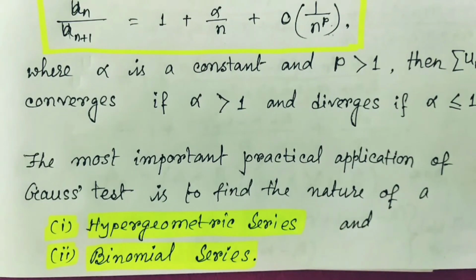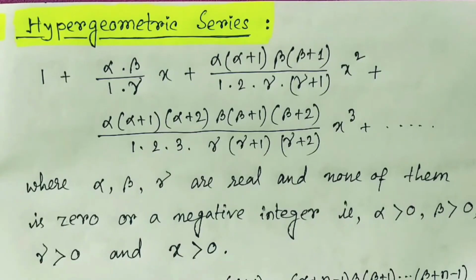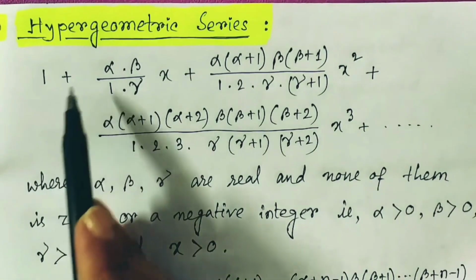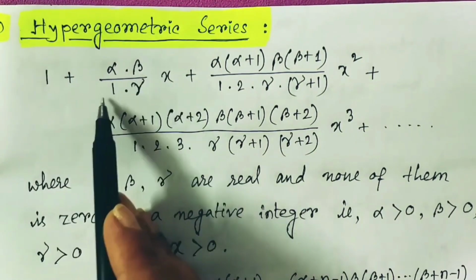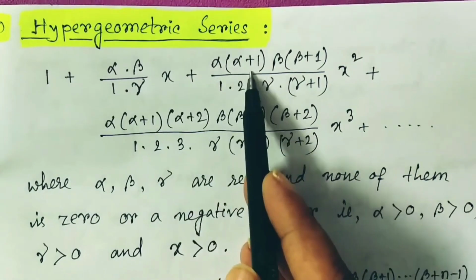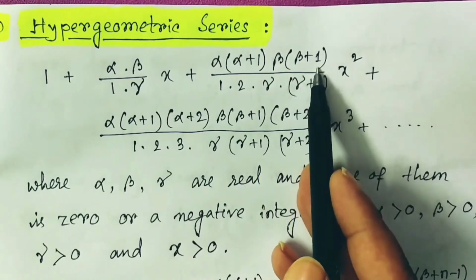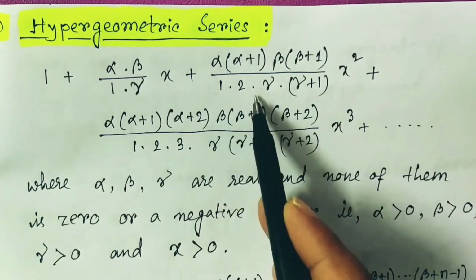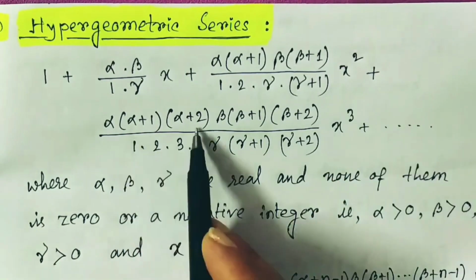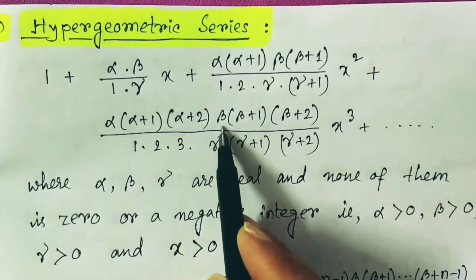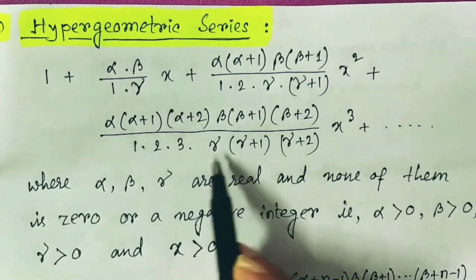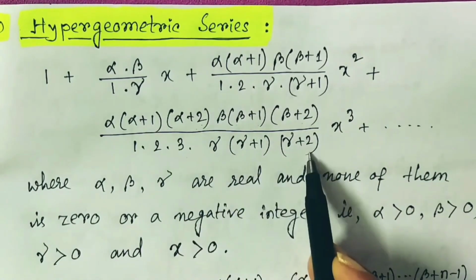First, the hypergeometric series. So at first, how does the hypergeometric series look? The series is 1 plus alpha into beta divided by 1 into gamma into x, plus alpha into alpha plus 1 into beta into beta plus 1 divided by 1 into 2 into gamma into gamma plus 1 into x square, plus alpha, alpha plus 1, alpha plus 2 into beta, beta plus 1, beta plus 2, divided by 1 into 2 into 3, then gamma, gamma plus 1, gamma plus 2, x cube.